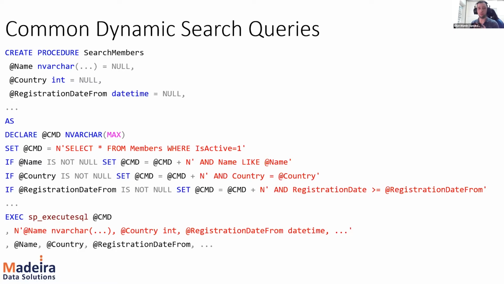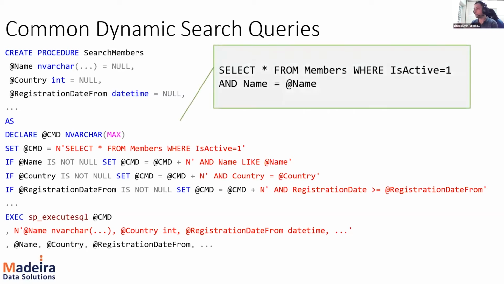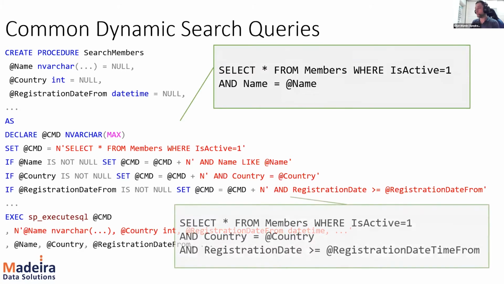And we also avoid OPTION (RECOMPILE) because each, let's say, unique permutation of parameters has its own plan. For example, the resulting command could look like this: select from members where blah, blah, blah, name equals parameter name. Or it could look like this: select from members where blah, blah, blah, country equals country, and registration date larger than the parameter. So each of these separately would be stored in the plan cache as ad hoc queries, but they will still be stored and they would not require recompile every time it's executed.